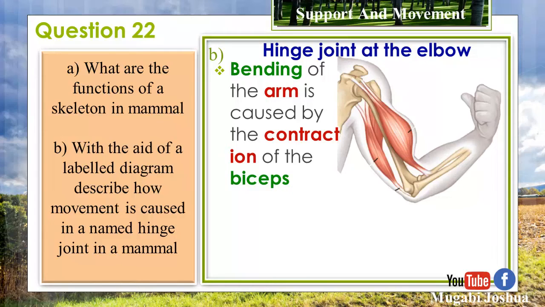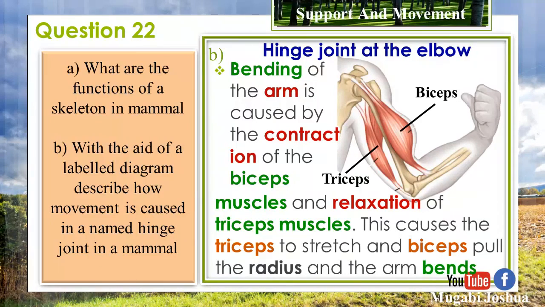Now, the bending of the arm at the hinge joint of the elbow is caused by the contraction of the biceps muscles. When those biceps muscles contract, there is also the relaxation of the triceps muscle. The triceps are relaxing, the biceps are contracting.